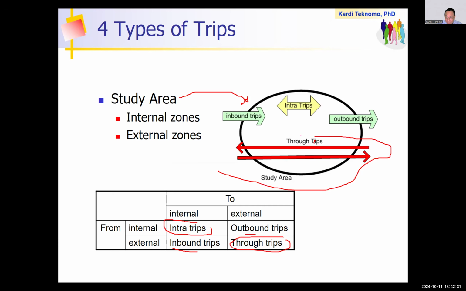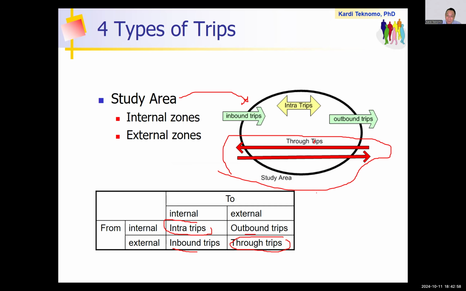If these through trips are very big, you can put them on the ring road, for example through a tollway, rather than going inside the city, isn't it? Because they are not important to the city itself, they are just passing.